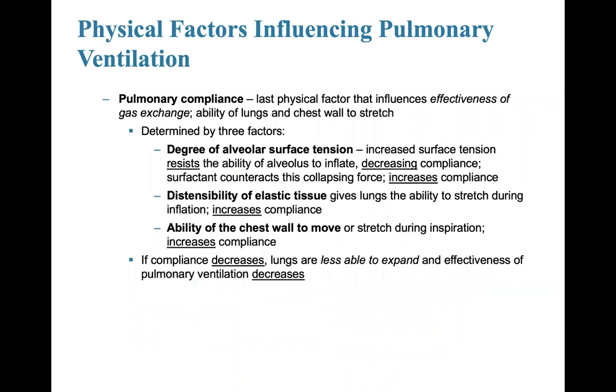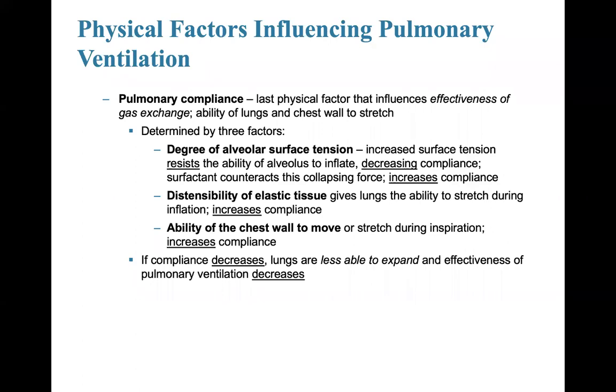The third factor is pulmonary compliance. This is the last physical factor that influences the effectiveness of gas exchange, and it is the ability of the lungs and the chest wall to stretch. This is also determined by three factors. The first is the degree of alveolar surface tension. Increased surface tension resists the ability of the alveolus to inflate, decreasing compliance. Surfactant counteracts this collapsing force and increases compliance.